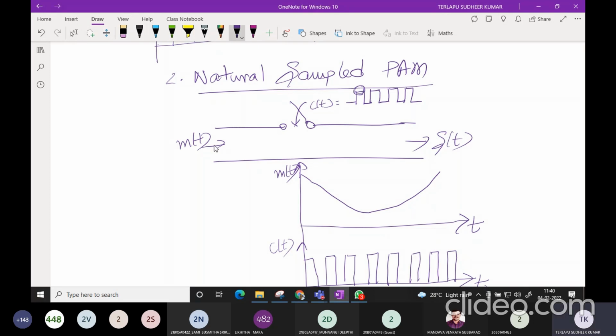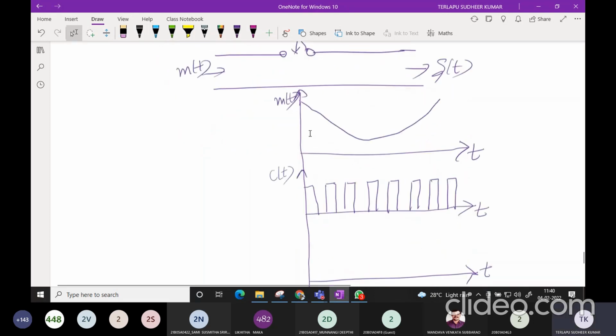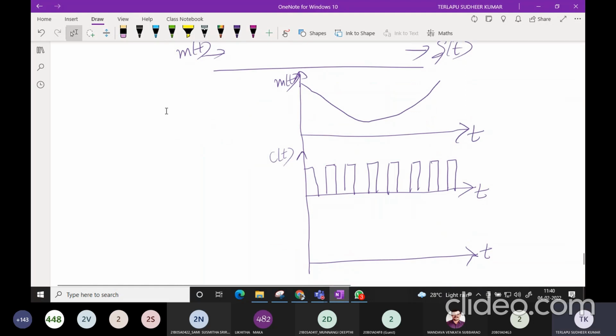That means if I write the condition: if C of t equals some amplitude A, 5 volts or 1 volt or 2 volts, the switch is closed.